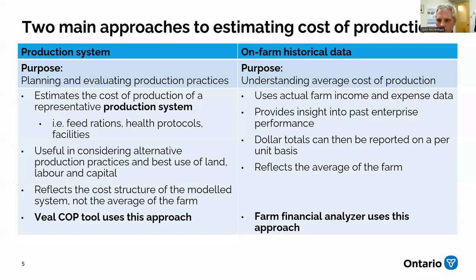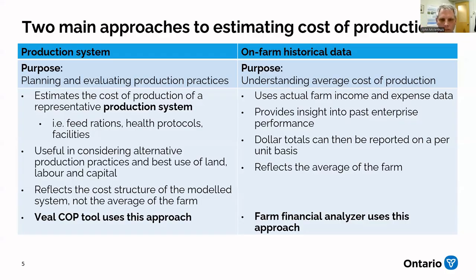You can then make some of those changes, where the historical data is more looking at past performance. And not to say that the historical data can't inform some of the production system, because certainly, especially when you look at some of the fixed costs or some of the indirect costs beyond feed and livestock, and on the crop side of things, the seed, fertilizer, when you're looking at fuel or repairs, what are some of your numbers?